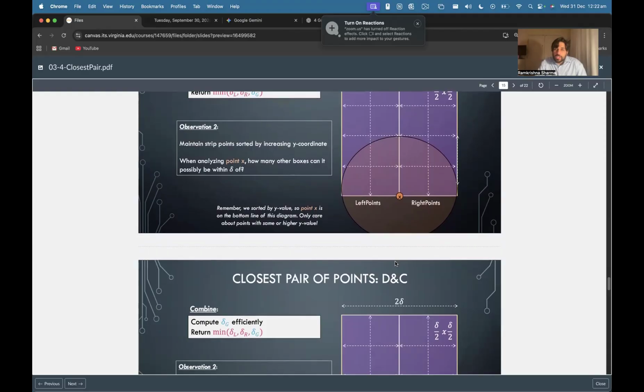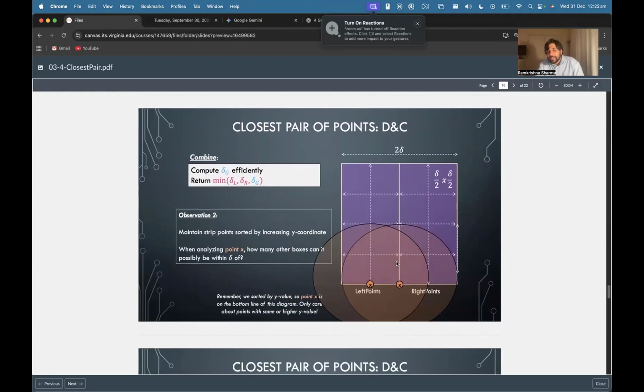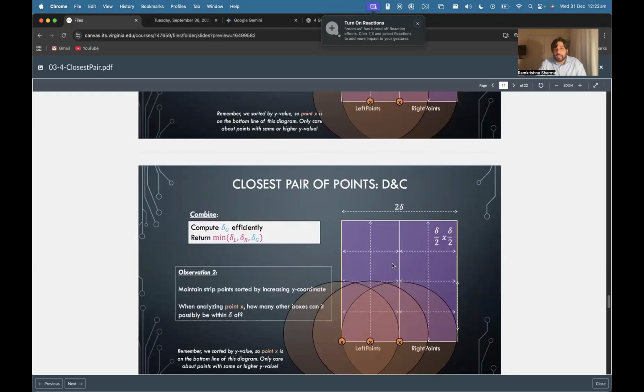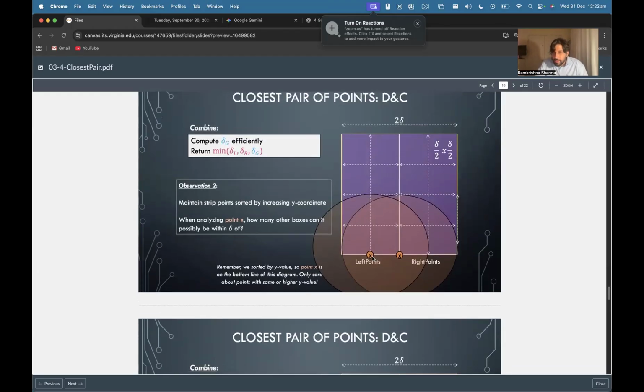So what ends up happening is this helps because we already know that you can only have 1 point per square. That is just true, true, and true because of the geometry that I mentioned before.